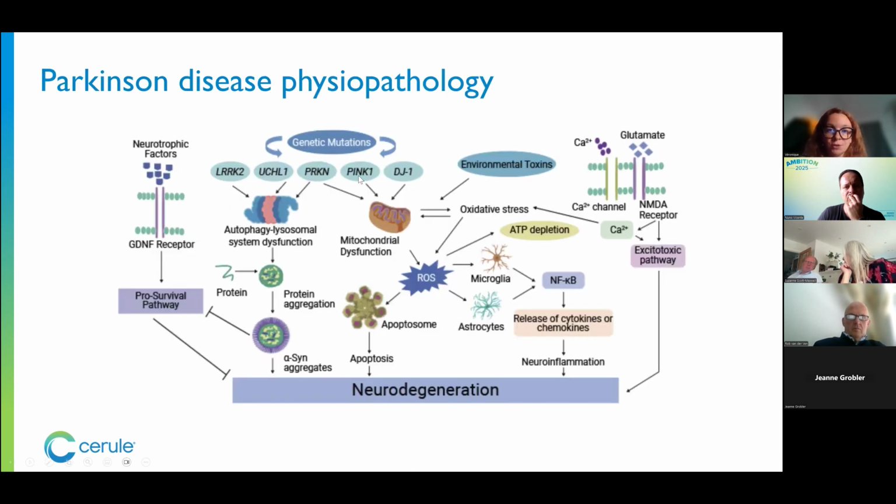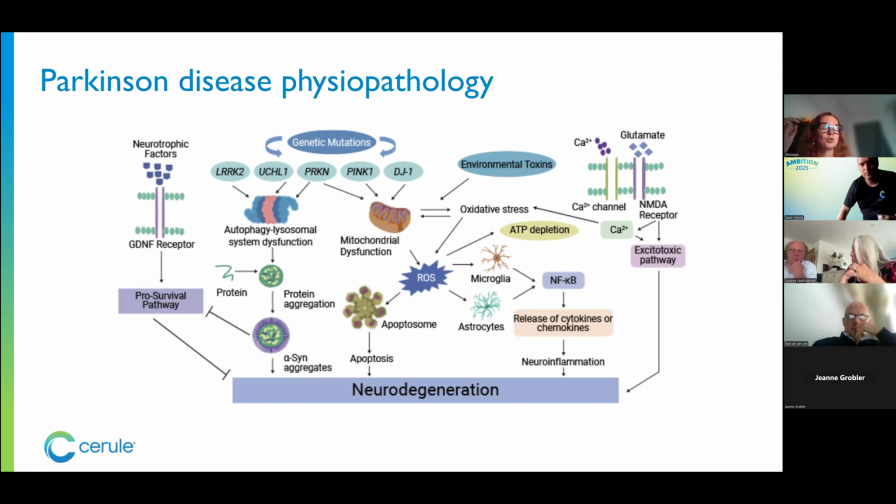In terms of physiopathology, as I said, we have some genetic mutations. It's not the majority of the cases, it's 15% of the cases, but some genetic mutations can lead to protein aggregation, especially the alpha-synuclein aggregates. They will also trigger the mitochondrial dysfunction.